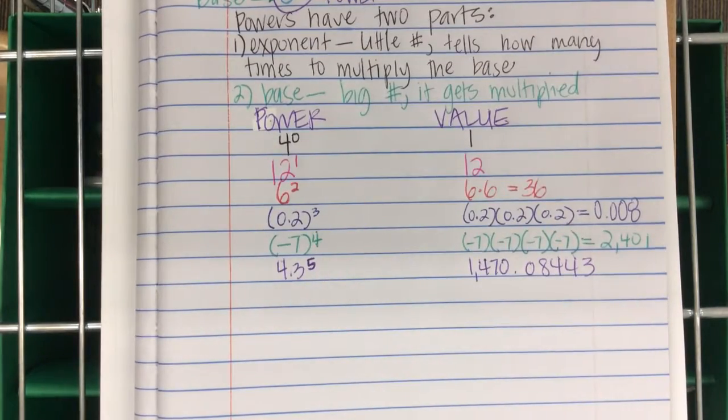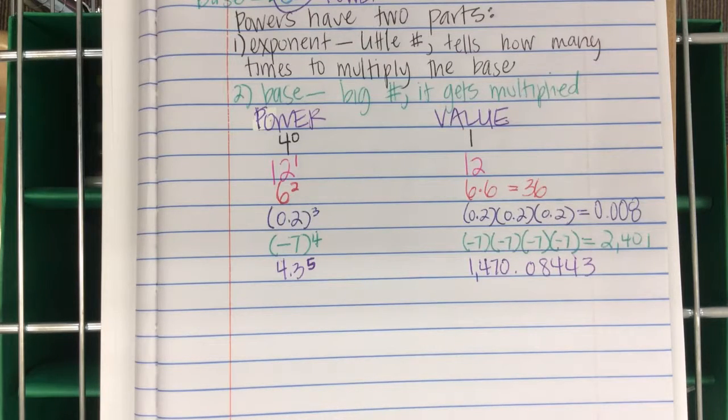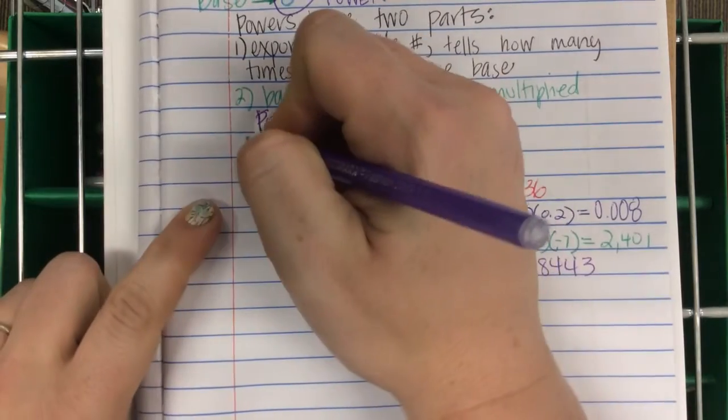Anything to the power of 0, right now, accept it, move on, we'll explain it in a second. But just so that this is in your notes, anything to the power of 0 is 1. All right, let's draw a box around this and keep going.